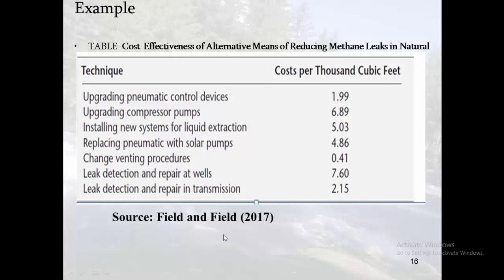This is an example taken from Field and Field 2017. The cost effectiveness of alternative means of reducing methane leaks in natural gas. These are different options, with values from 0.1, 0.41 dollars per 1,000 cubic feet to 7.6 USD.